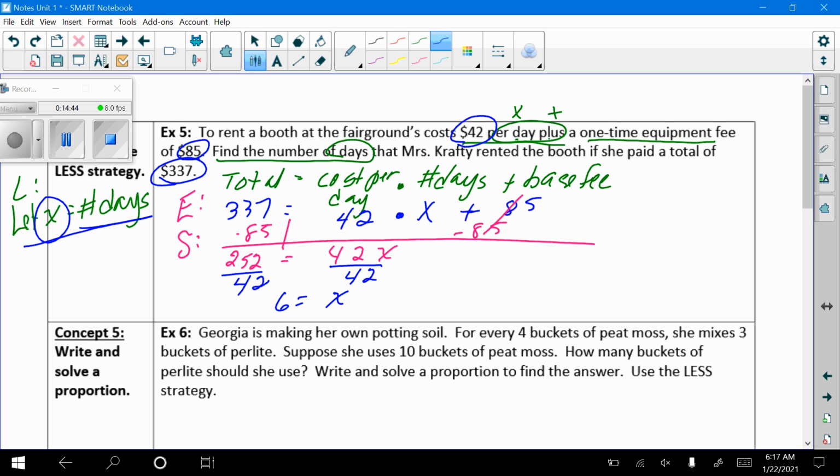So solving, my statement would be: Miss Crafty rented the booth for 6 days.